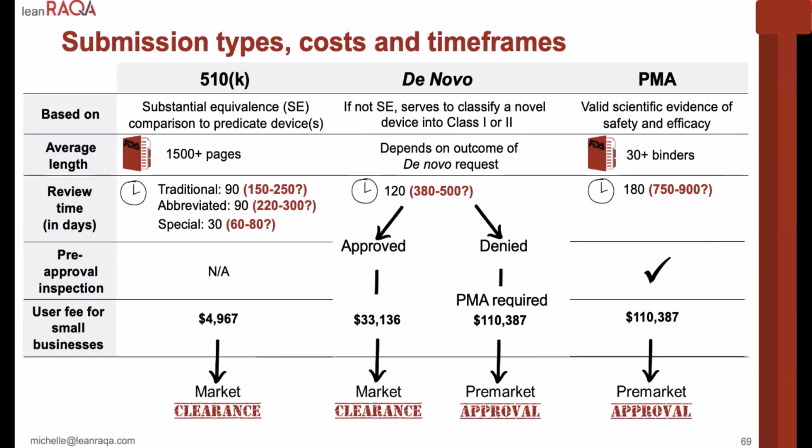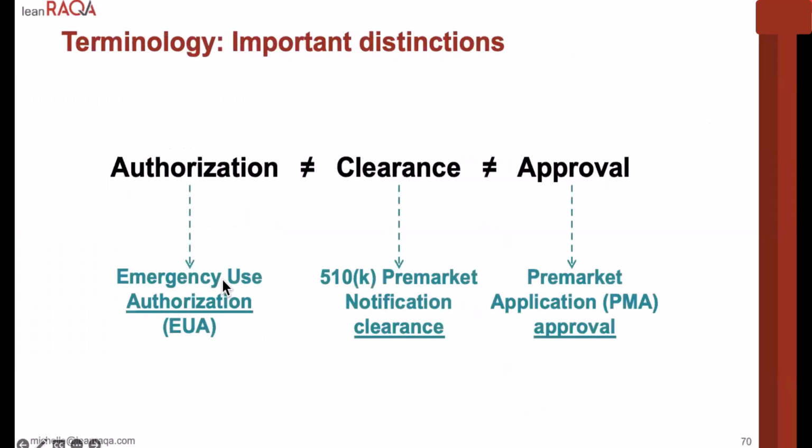There is not a pre-approval inspection required for almost all 510K devices, and the user fee is small. This is the user fee that came out just this year, up from that $3,100 on that previous slide. So now it's about $5,000 for the small business.